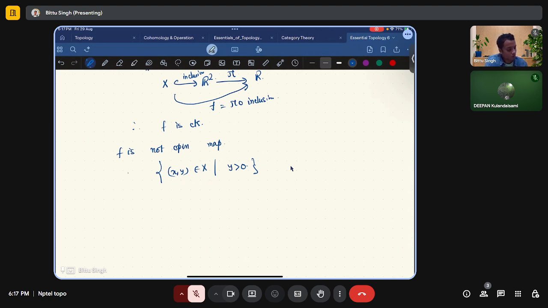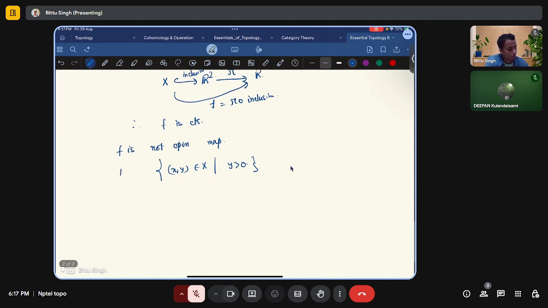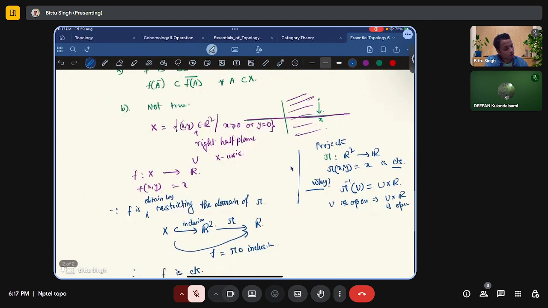This is the reason. Though this is open in X, its image, if we see, will be this portion, right?